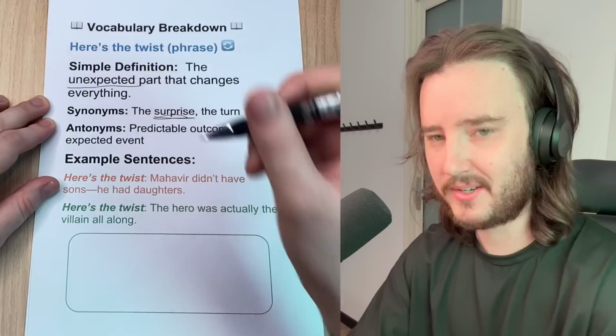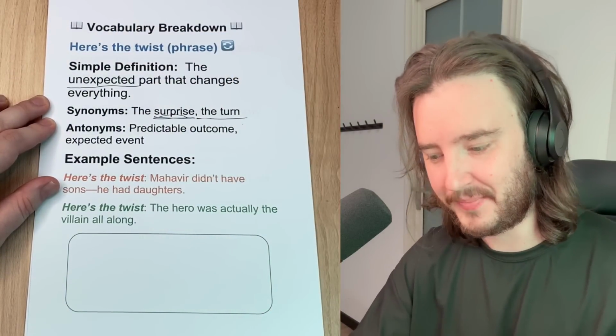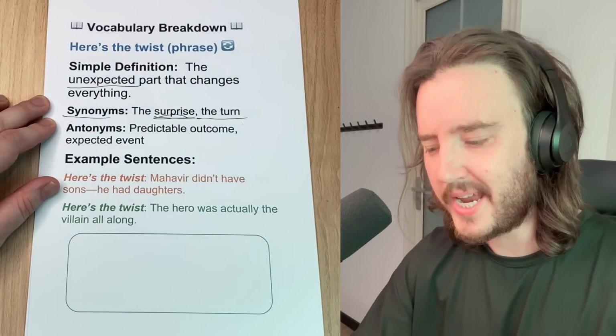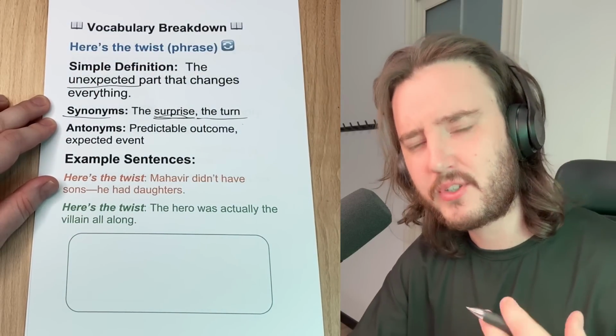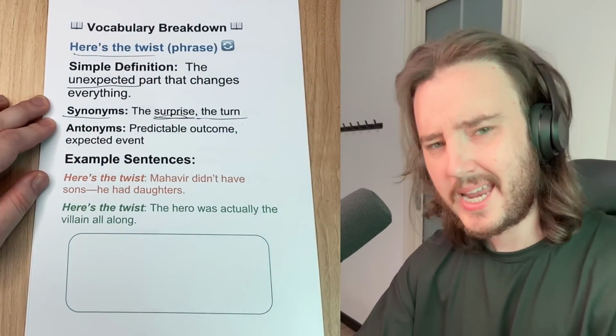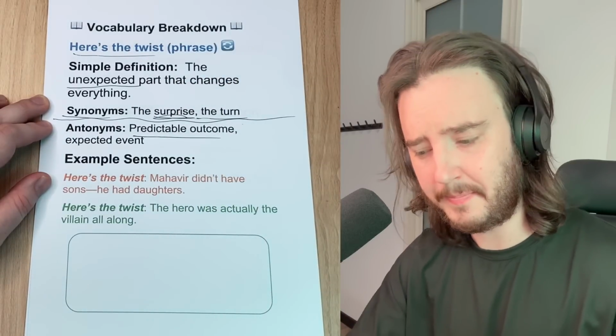It's unexpected, right? You didn't expect it. The turn in the story. So these are synonyms or similar ways of expressing this idea. Here's the twist, okay? Antonyms or opposite words might be a predictable outcome.